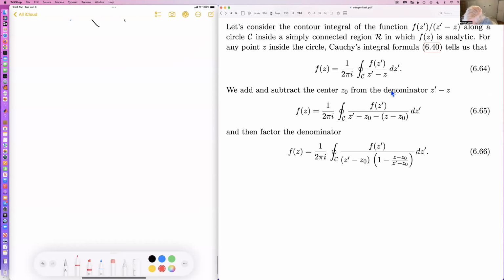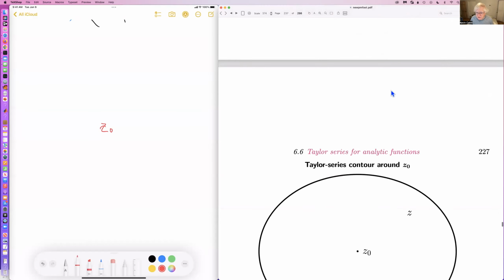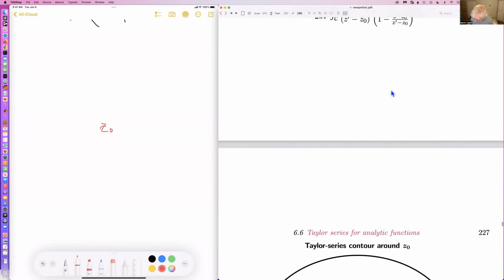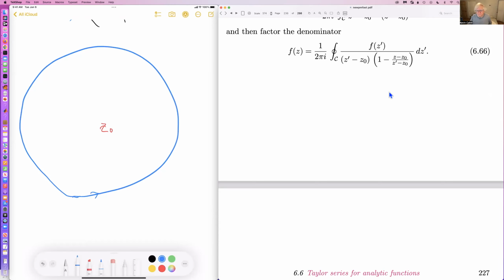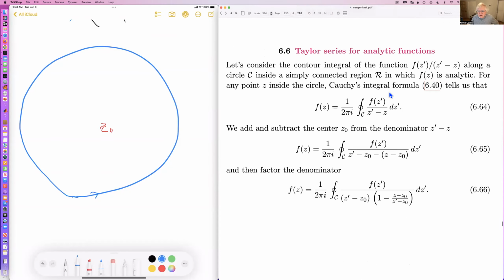I want to have a point here, z0, and then we can just have a curve around this, and I'm going to make a circle here. So this can be a contour C, and so we can write f of z in this way. And now what I've done is I've gotten ahead of myself.